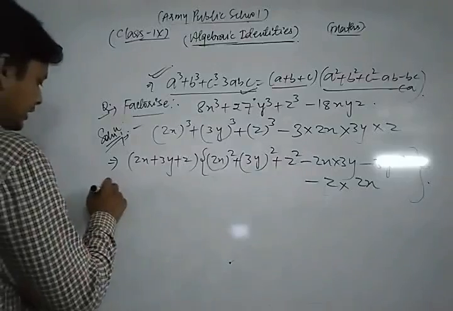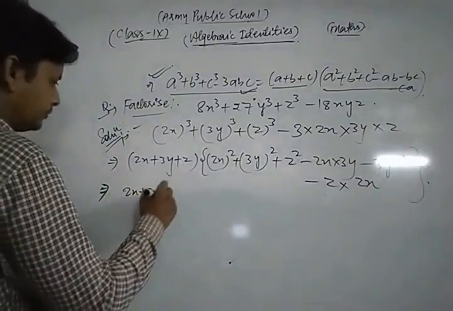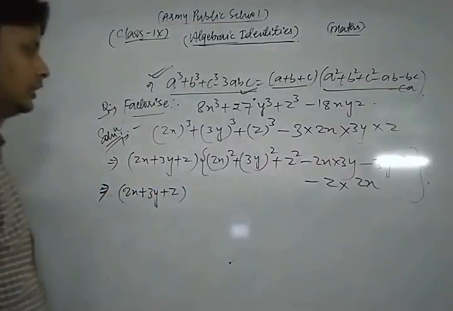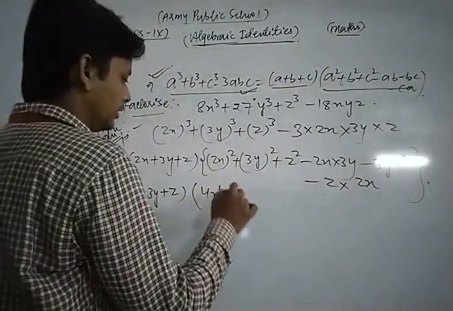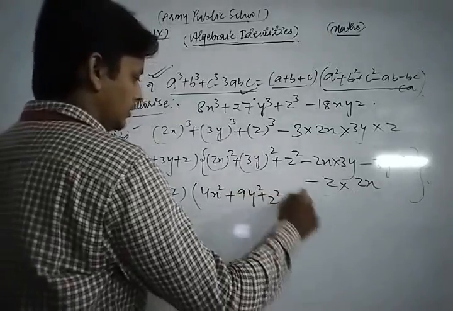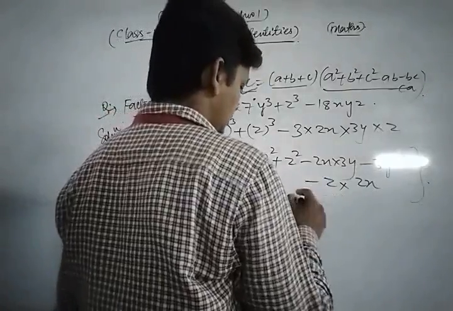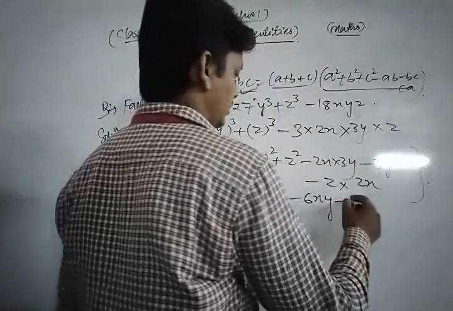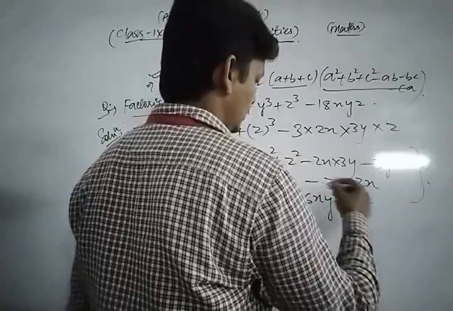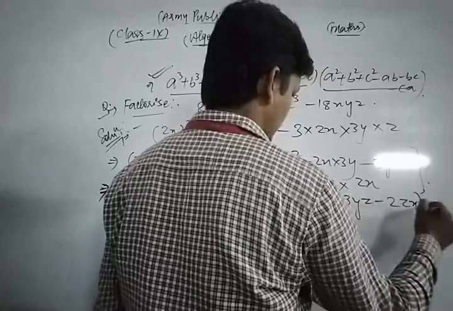Look, we can write it as (2x plus 3y plus z), and in another bracket 4x square plus 9y square plus z square minus 6xy minus 3yz minus 2zx.